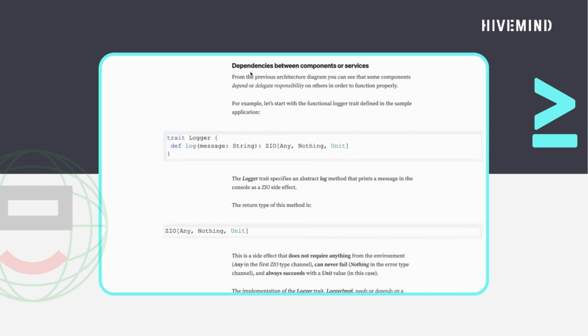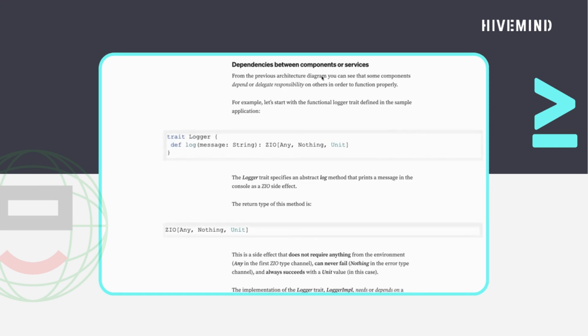The ZLayers data type is similar to ZIO in the dependencies between components. We have an application, and we have services and repos objects, and we have to build the application into a dependency graph.